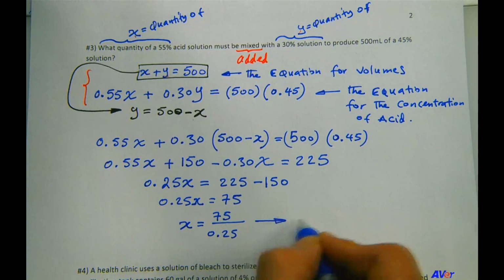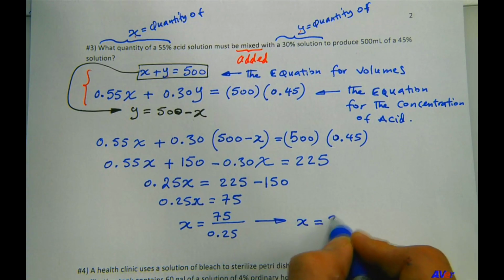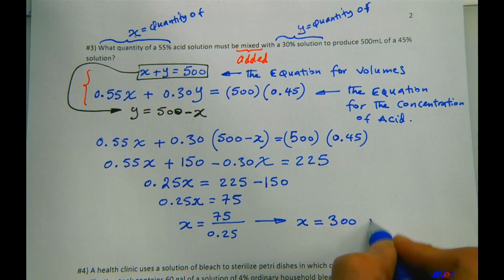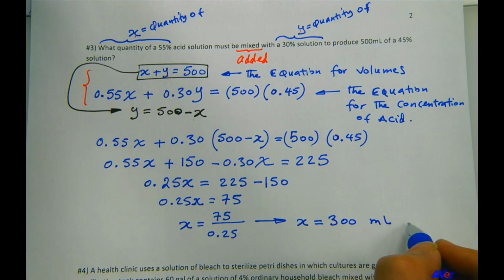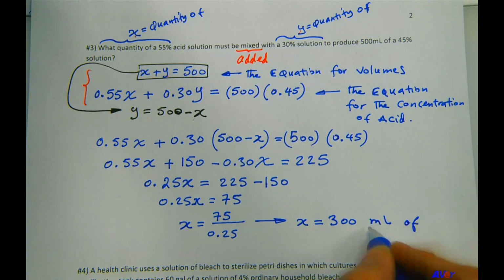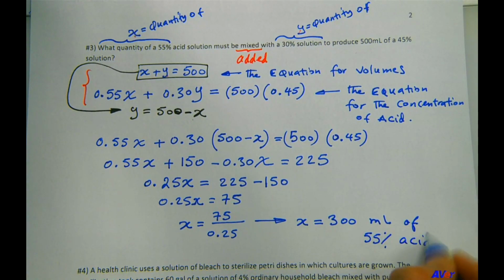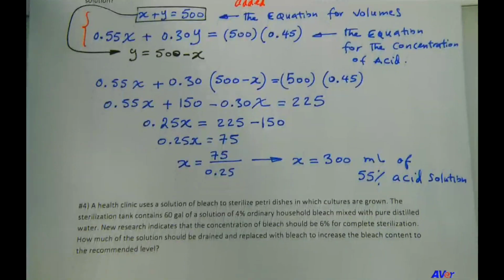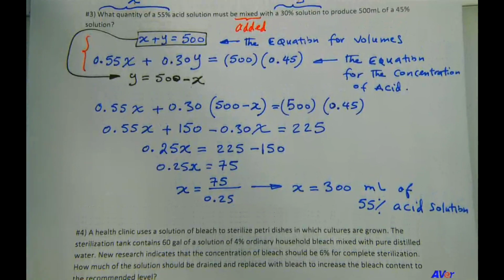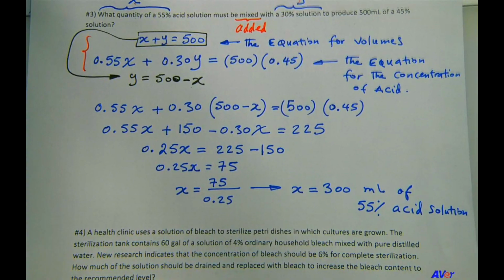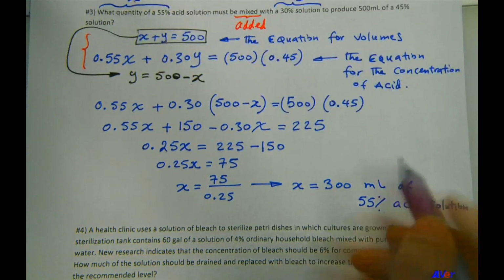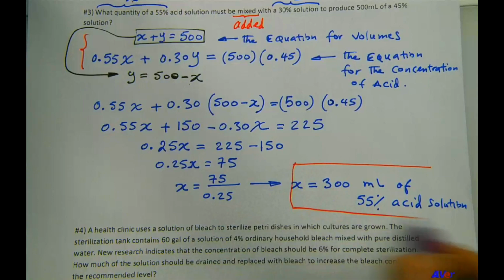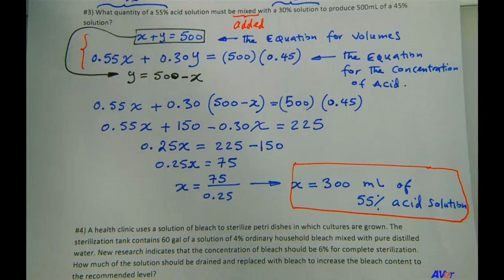And therefore, x is equal to 300 milliliters of 55% acid solution. Okay, so like that.